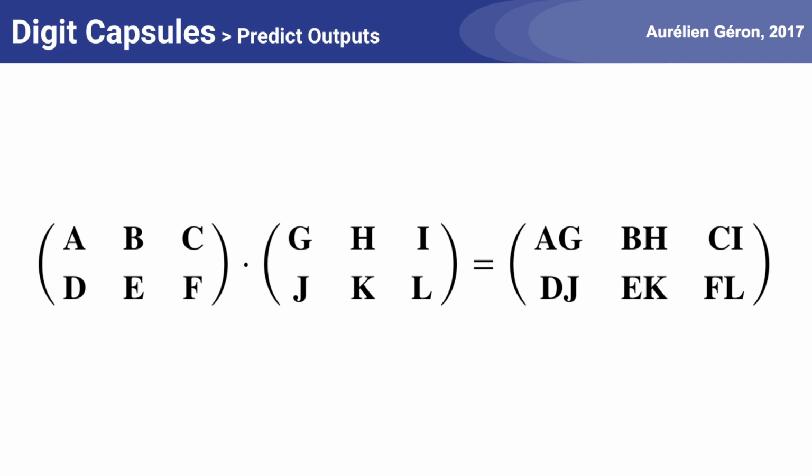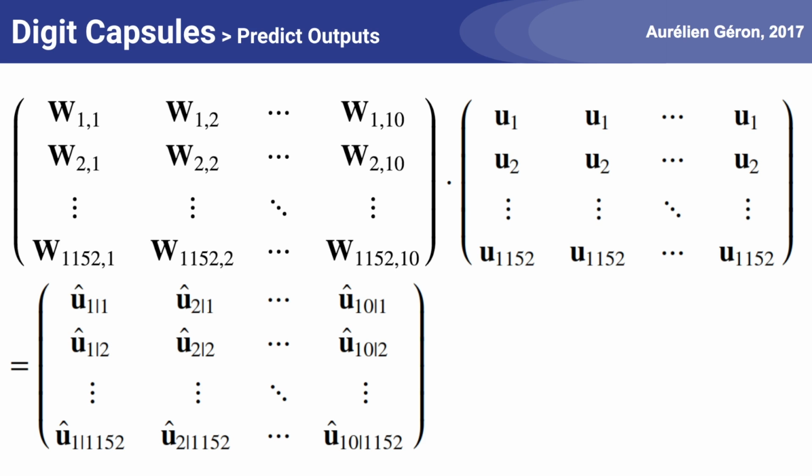If you pass these 4D arrays to matmul, it will perform an element-wise matrix multiplication. So the result will be this 4-dimensional array containing A multiplied by G here, and B multiplied by H here, and so on.